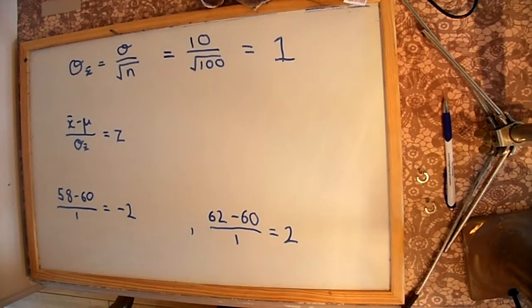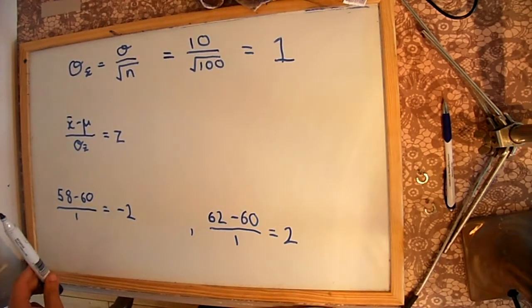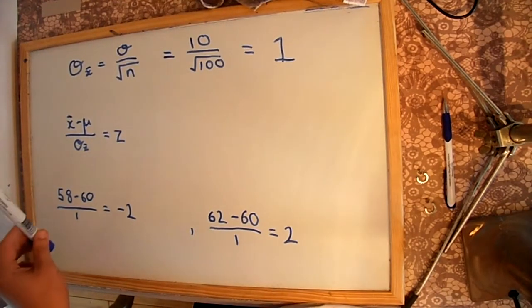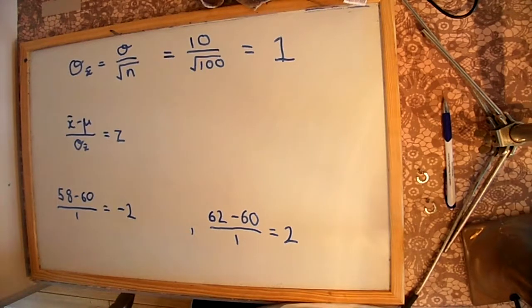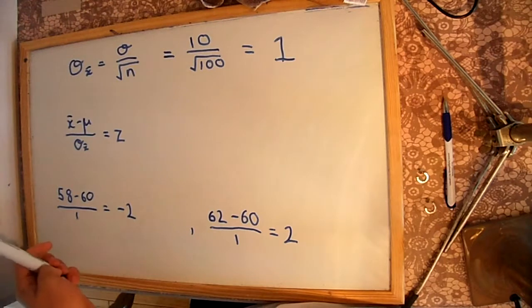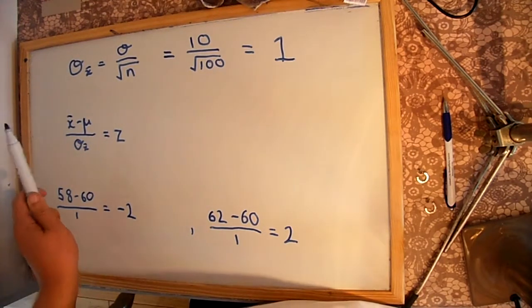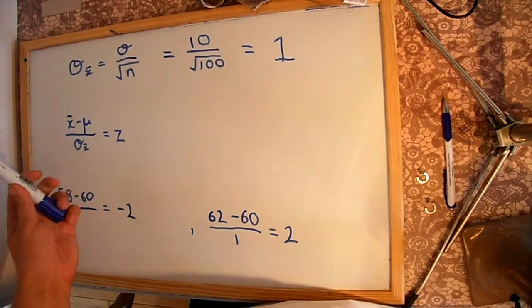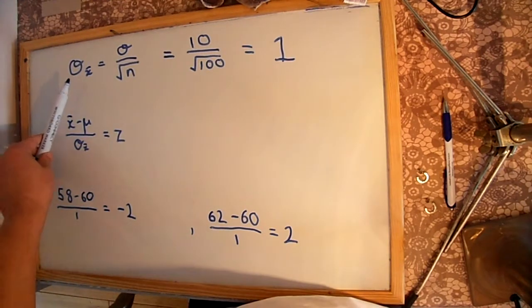So we're basically going to do the same thing for finding B, except there's a little bit of a catch. The catch is that there's a sample taken from the population, and the sample size is equal to 100. So we're trying to find the probability that the mean is between 58 and 62. What we have to do is find a sample standard deviation, which is given by this formula here.